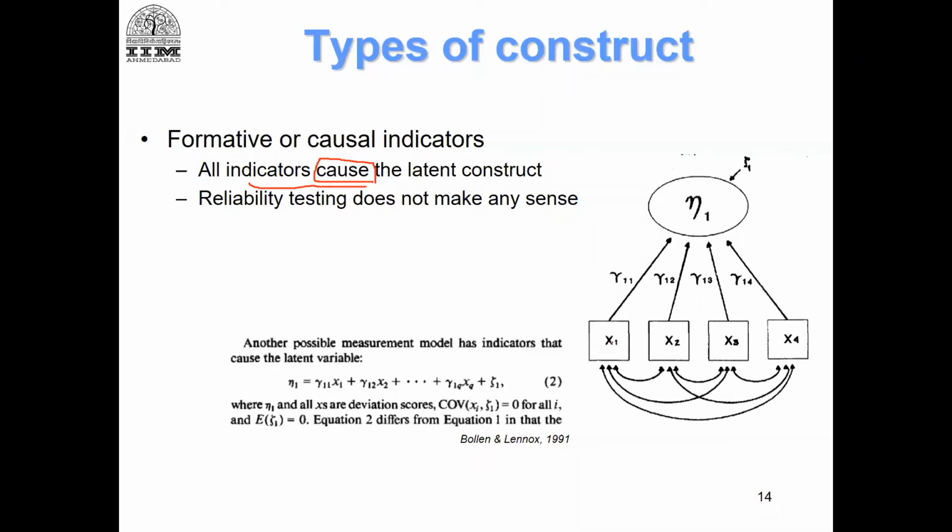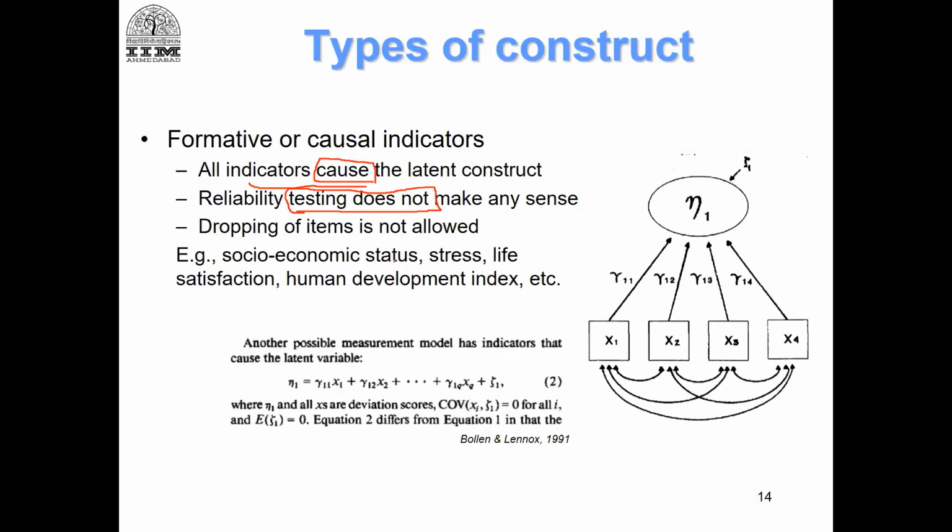So there is no necessity or guarantee that x1 will be correlated with x2 or with x3 or with x4. Similarly, x2 may not be correlated with any of these. And therefore, please again underline that we will never test reliability for formative constructs or formative indicators.